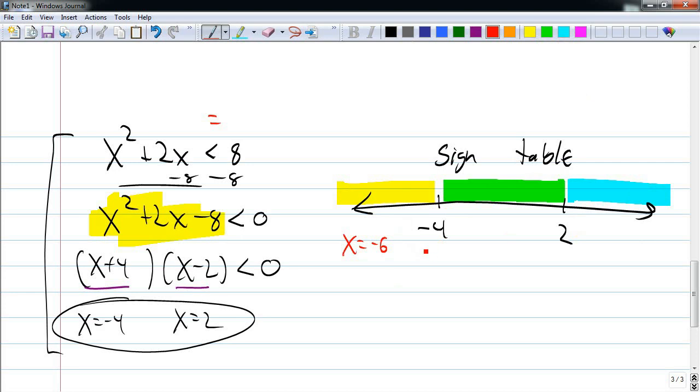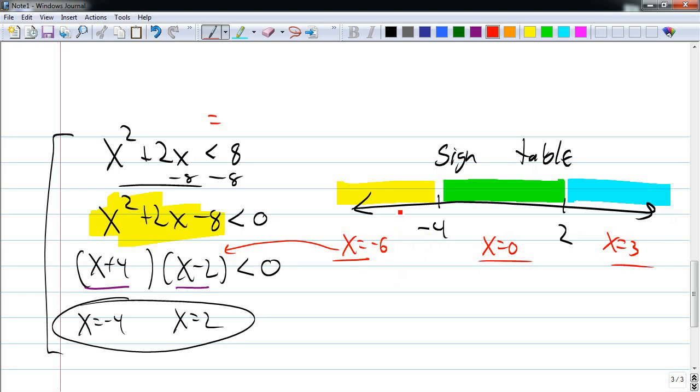Choose an x that is in between -4 and 2. And in this case, 0 is a great number to choose. And then choose some x that's greater than 2. Let's say 3. And then we're going to plug in these x's each into this expression and see if the result is negative or positive.